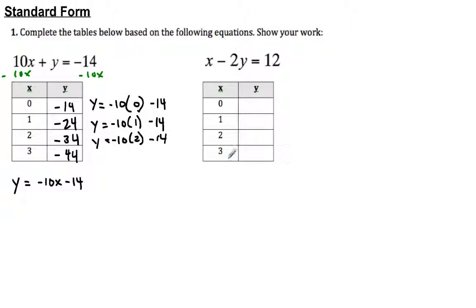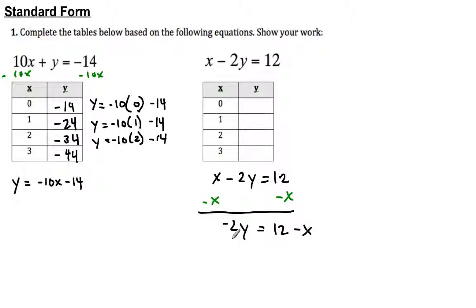Okay, so again on this problem here, we're going to start by taking x minus 2y is equal to 12 and solving for y. So minus x, we're left with negative 2y is equal to 12 minus x.